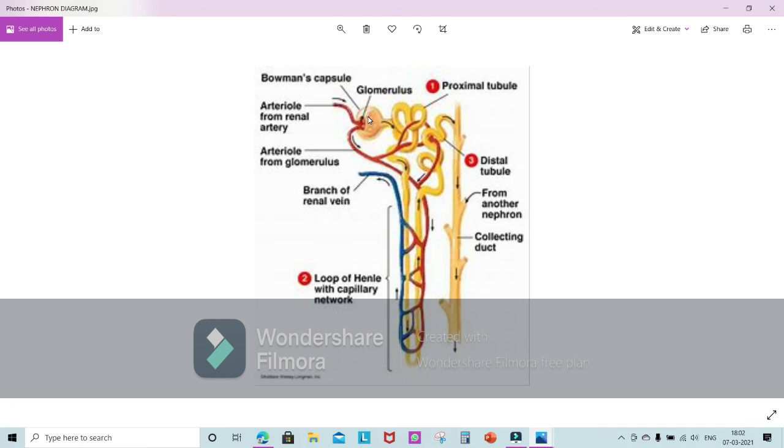Now the initial filtrate will enter into that, and the four things that are going to be absorbed are glucose, amino acids, salts, and a large amount of water. It's going to be absorbed immensely. Water absorption will depend on how much excess water is there in the body. If there's very little water in the body, then the body seeks more water.